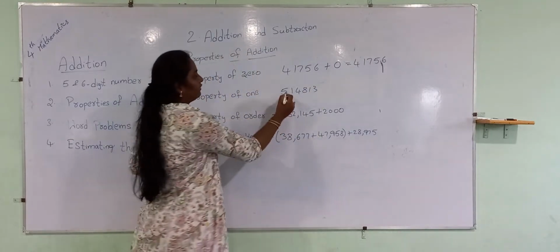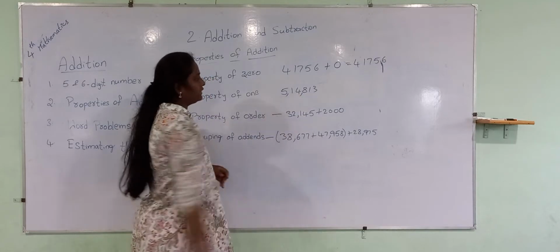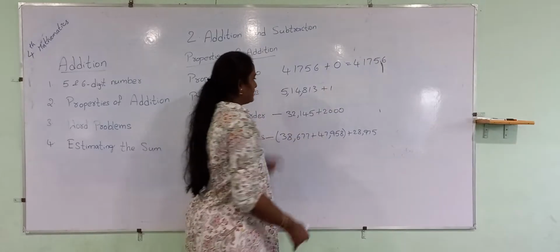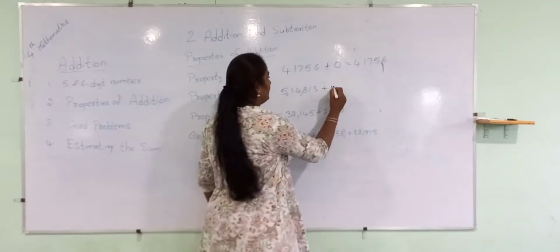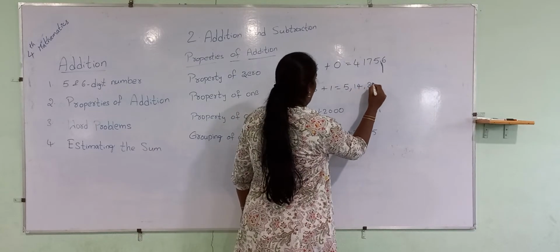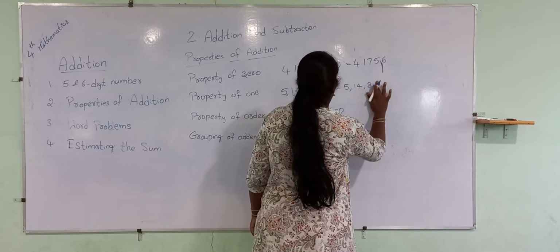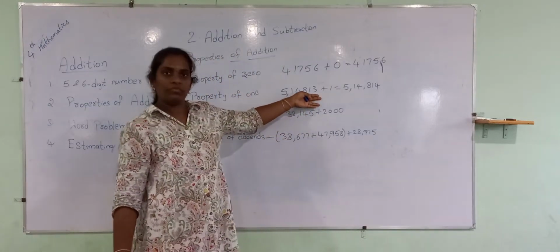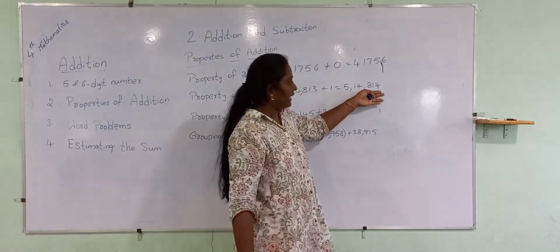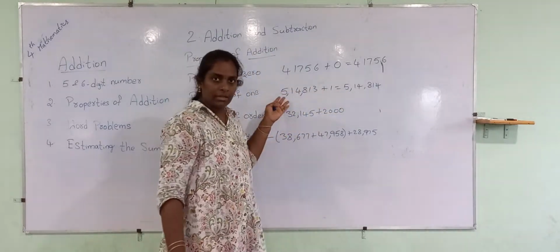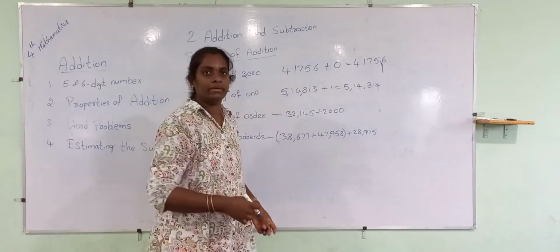Here 5,14,813 is there. If we add 1 to this number, which number will we get? We'll get the after number. What is the after number of 3? The after number of 3 is 4. If we add 1 to any number, we'll get the after number.